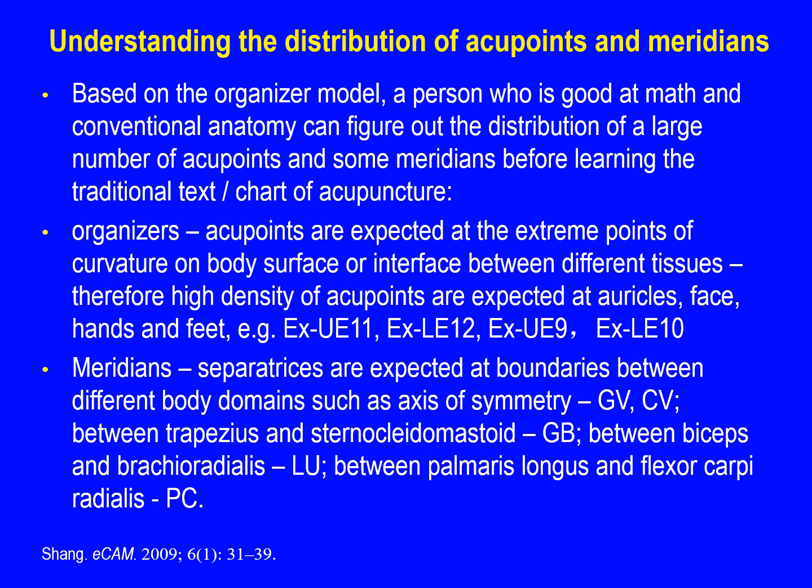Since acupuncture points originate from organizers, they are expected to distribute at the extreme points of surface curvature or the interface between different tissues. Therefore, a high density of acupuncture points is expected at the external ears, face, hands, and feet, as mentioned earlier.